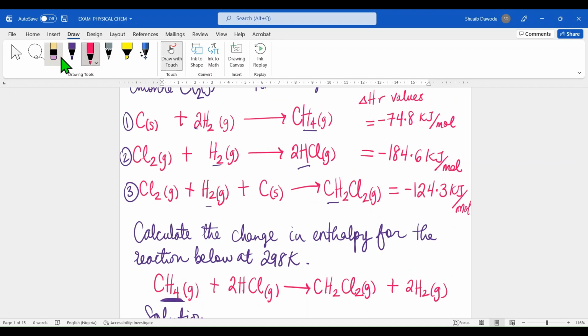Looking at equation 1, we see that we have CH4. Now when we compare equation 1 to the general equation at the bottom, you see that in equation 1, CH4 is on the product side, while in the general equation CH4 is on the reactant side.